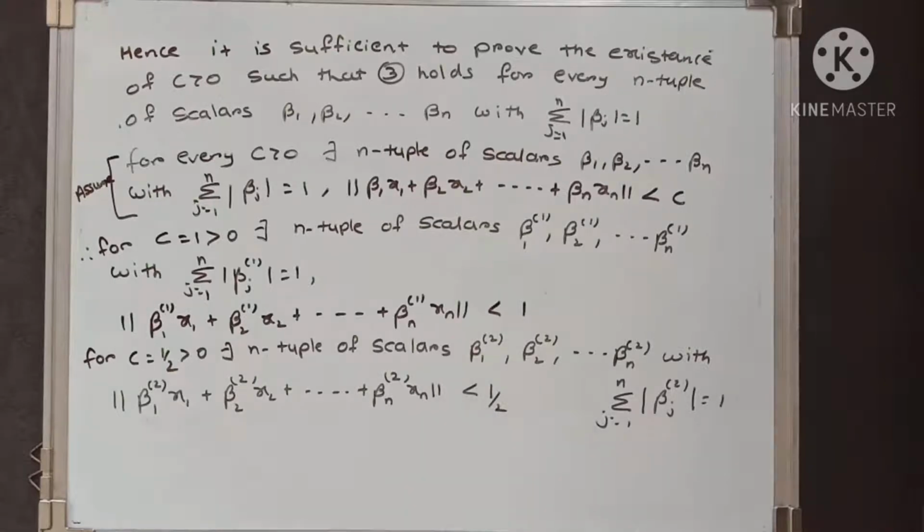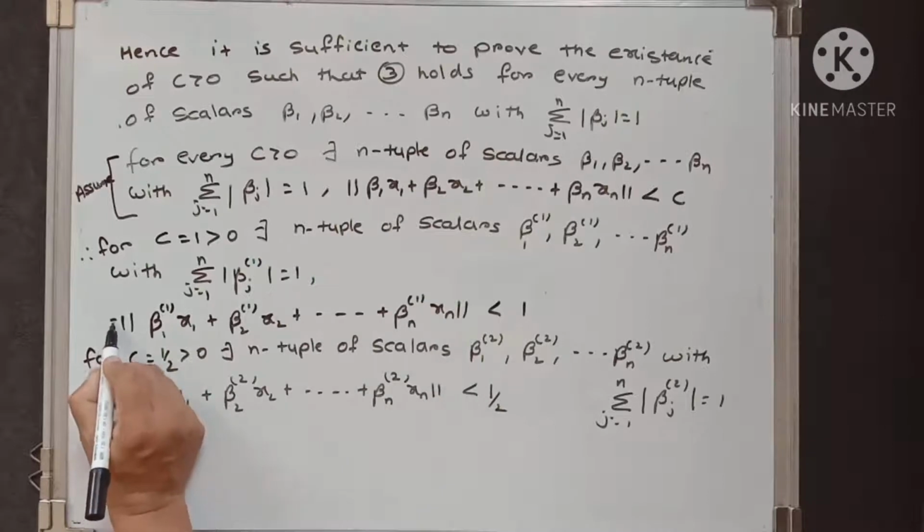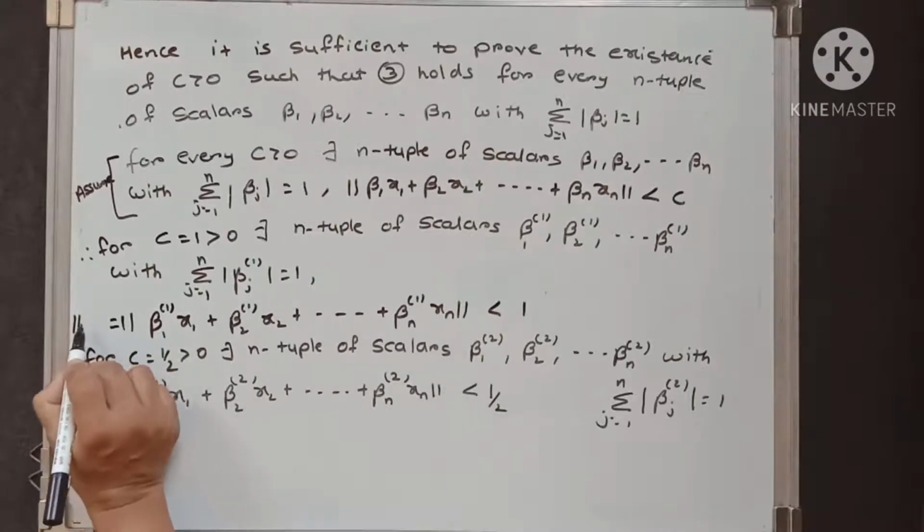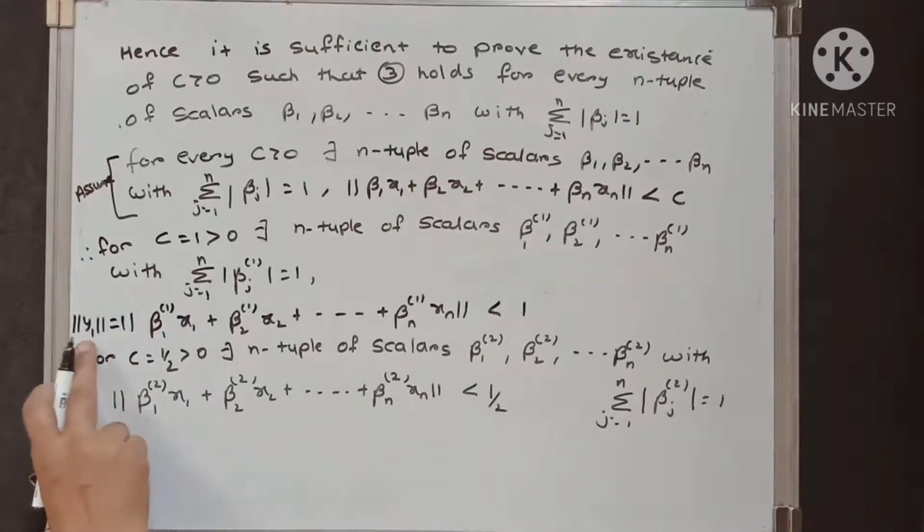Now for this linear combination beta 1 1 x1 plus beta 2 1 x2 up to beta n1 xn, we give it the name y1. That means norm of y1 is less than 1.